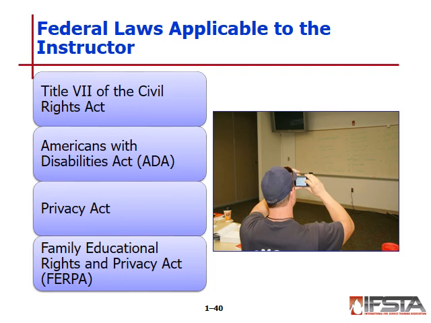Next, we have the Privacy Act, which establishes a code of fair information practices that governs the collection, maintenance, use, and dissemination of information about individuals that is maintained in some sort of federal record system.